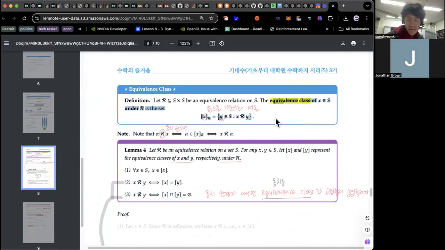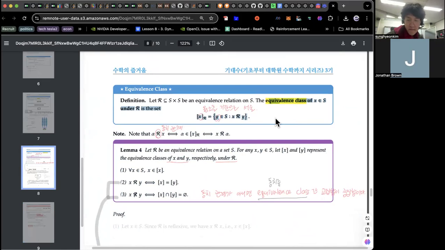Okay. Let me see. The set [x]_R is equal to the set of y in S such that x is related to y. Note that a related to x means that a is an element of [x]_R.